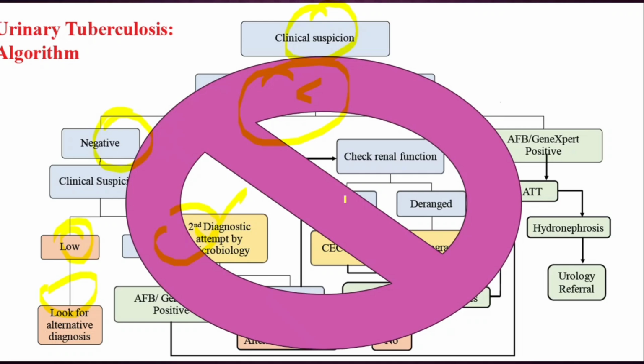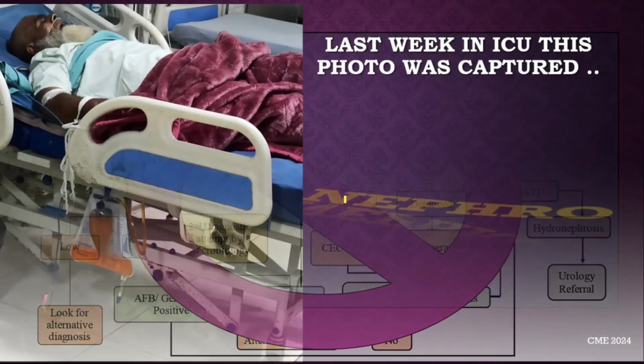So you have to keep a constant watch. Mainly clinical correlation with imaging or urine, as I told you. It is not that you go for a second attempt and then imaging. It won't go like that. If there is a high suspicion of obstructive uropathy, you might directly go for contrast CT.